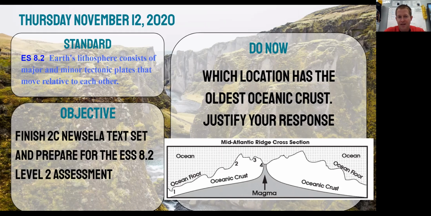Okay. So the plates are not all moving the same direction at the same speed. Some plates are moving faster than others. Some are moving away from each other. Some are coming towards one another. So when the standard says the major and minor tectonic plates are moving relative to each other, that's what they mean.